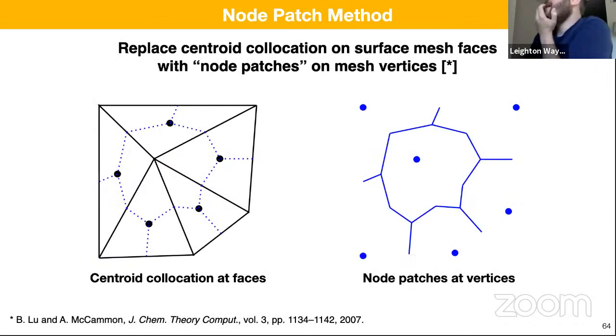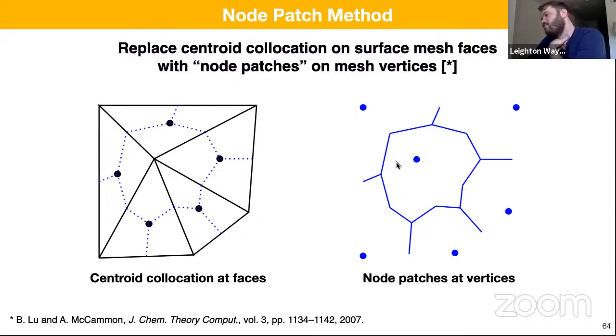Quick note about the node patch method. With the centroid collocation, I said that for each of our surface elements, we placed a particle at the center of these triangles, at the centroids. And these were the positions that formed our linear system.